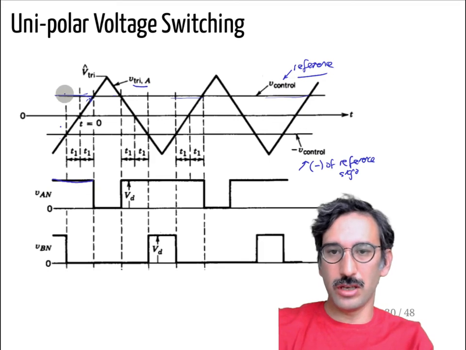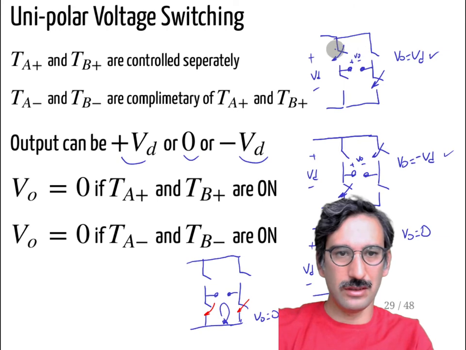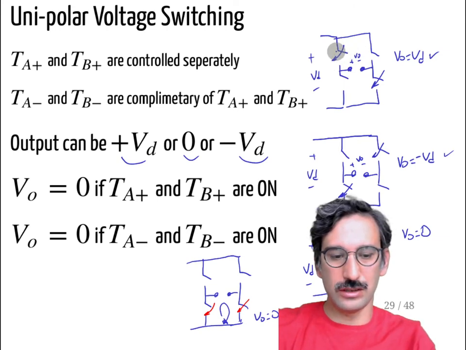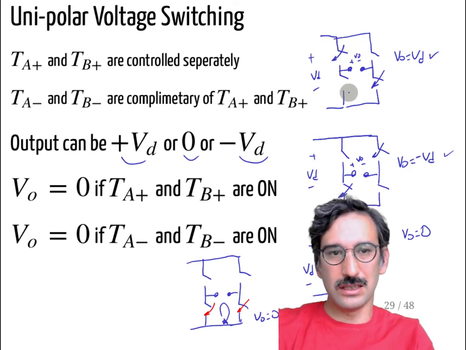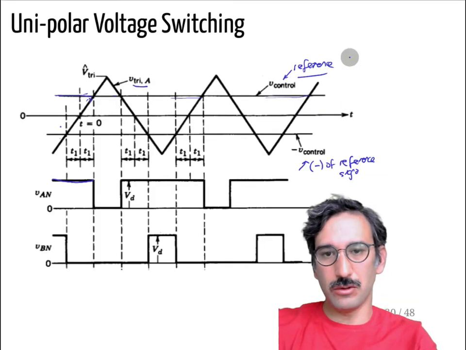So you are turning on your positive switch, okay, here. And of course that one is the complementary of the other one, so that one is off. So from A, remember this is point A, this is point B, AN voltage here will be positive.